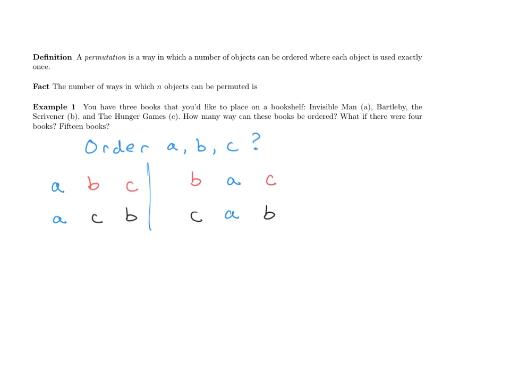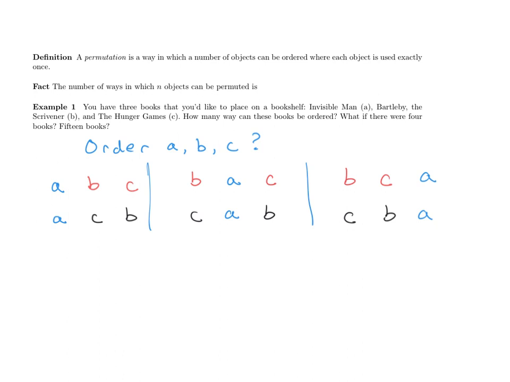So again, okay, now we have 2 more ways. The only other option is if you put Invisible Man last. Now, you could first have Bartleby the Scrivener, and then you could have Hunger Games, or you could first put Hunger Games, then Bartleby the Scrivener, and Invisible Man is last.